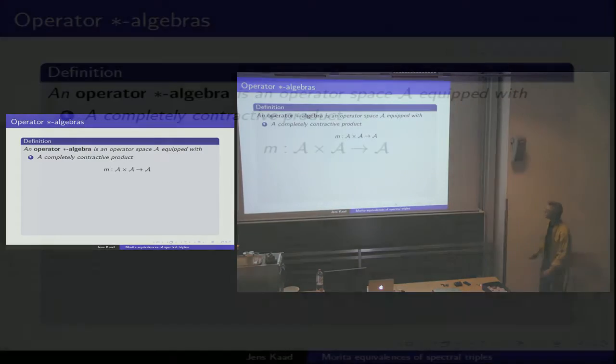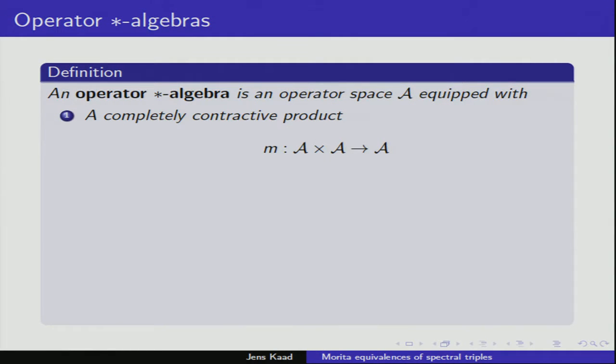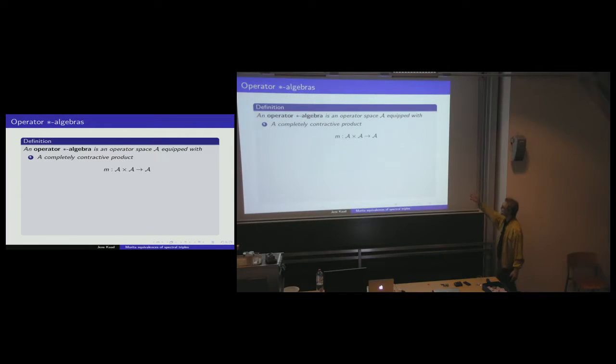And then, okay, there's a product, and this product makes A into an algebra, and actually all of the n by n matrices are also algebras. And I'm just saying now that each of these n by n matrices have to be Banach algebras.